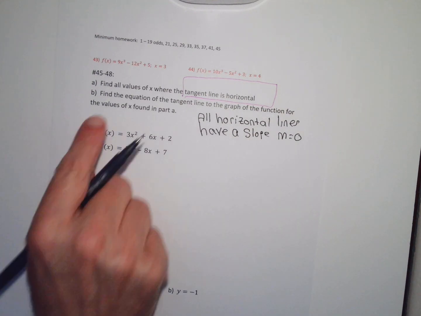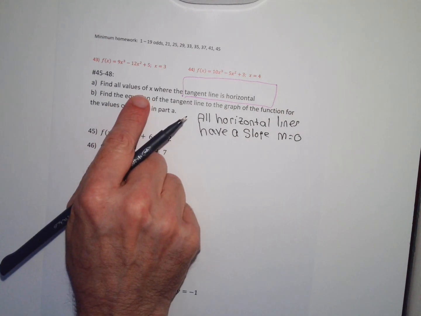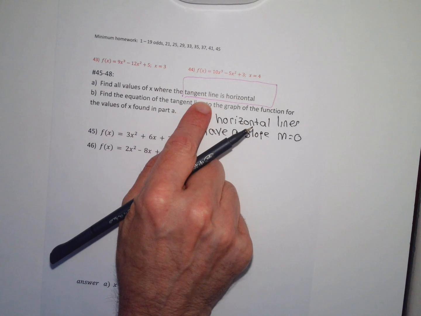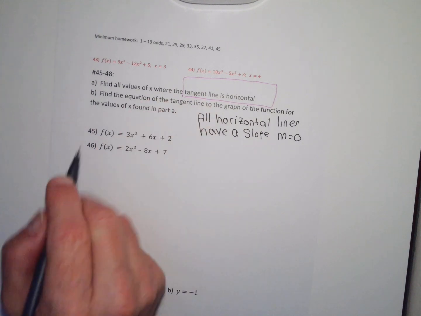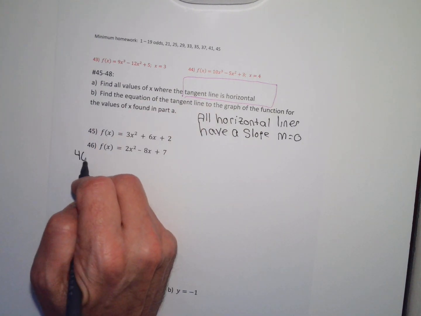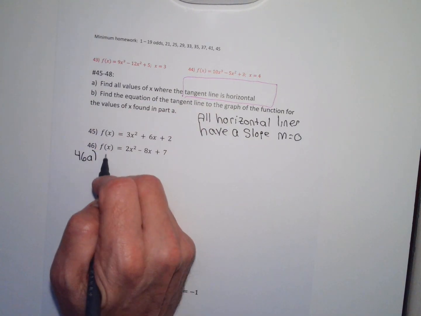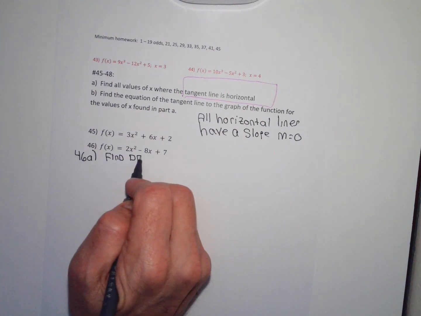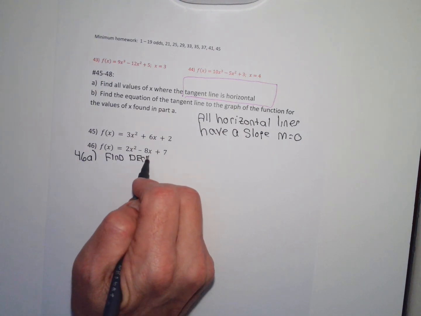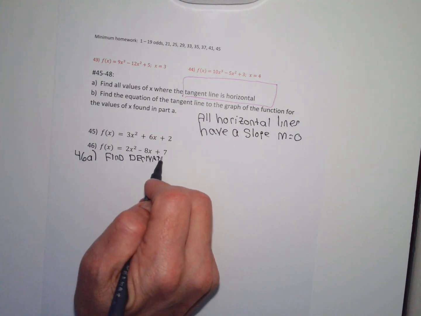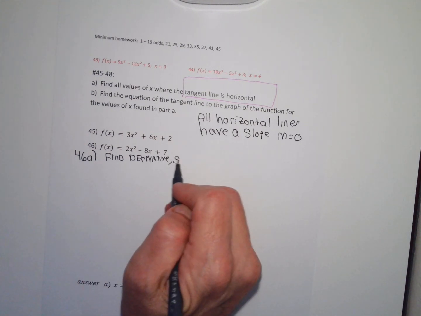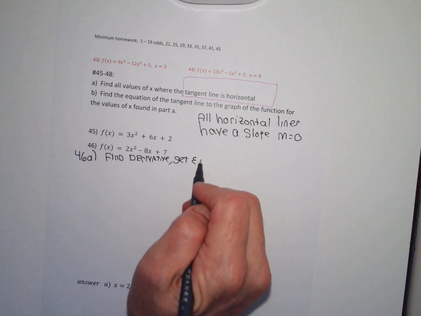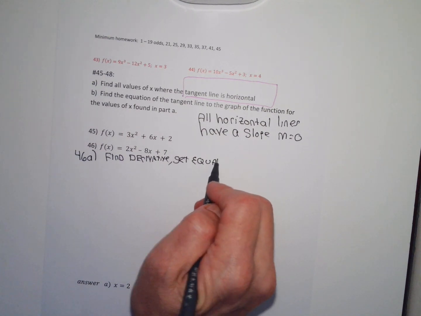So in part A, where it says find the values of x where the tangent line is horizontal, it means to find the values of x that, if I plug them into the derivative, I get 0. To do part 46a, we're going to find the derivative and set it equal to 0. I'll show you what's going on here after I get the algebra done.